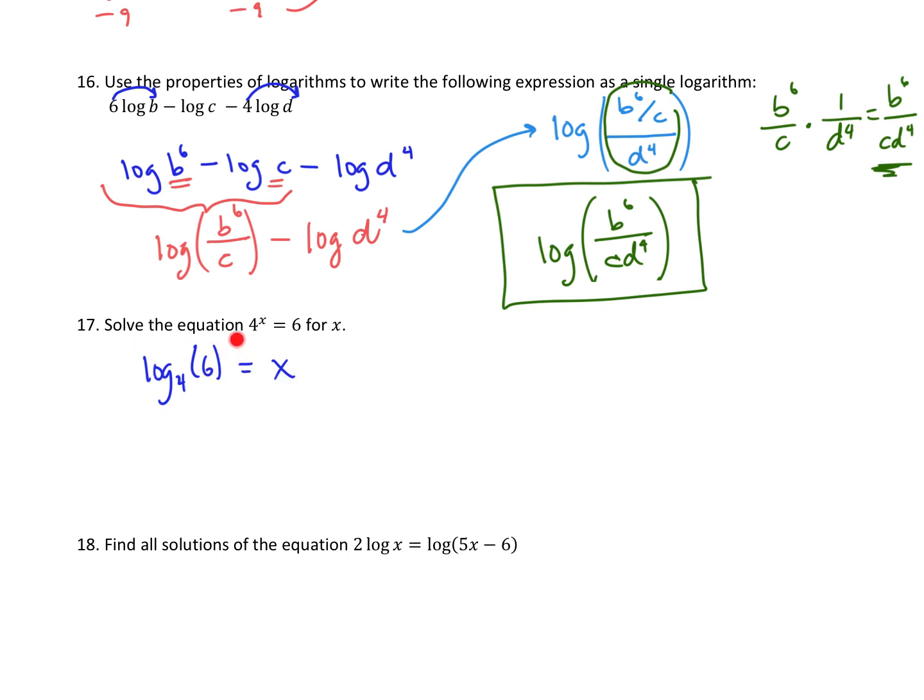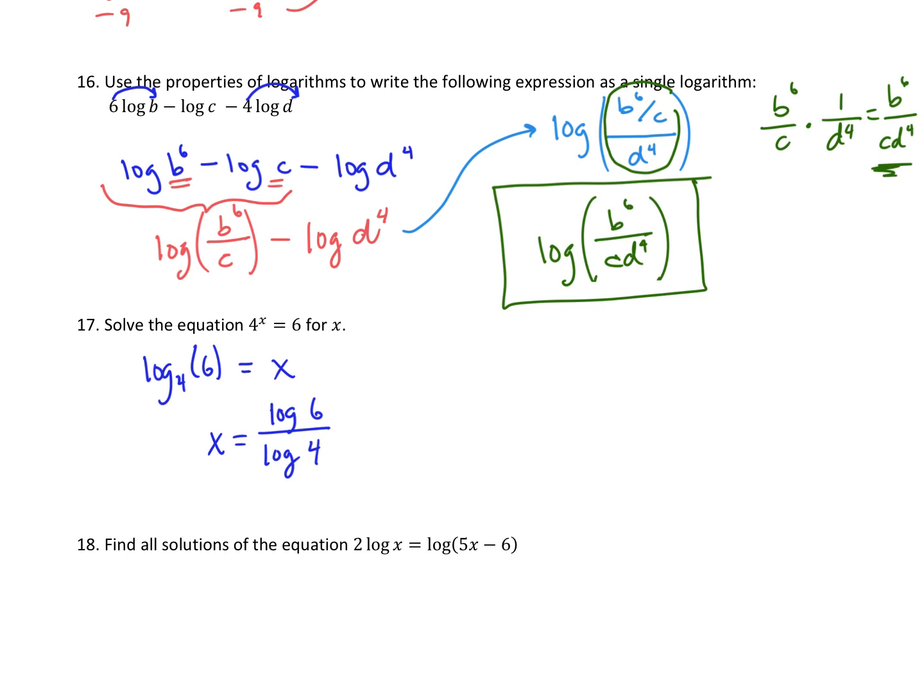If you guys remember how to find on your calculator where you can change your base of your log function, you could type that in. If you don't remember how to do that, we also learned about a change of base formula. So log base 4 of 6 is the same thing as log of 6 divided by log of 4. And that uses your base 10 button, and that's what that log button on your calculator operates in, base 10.